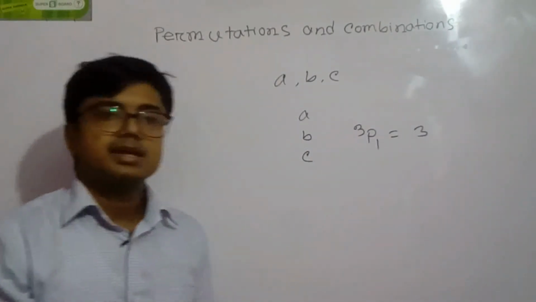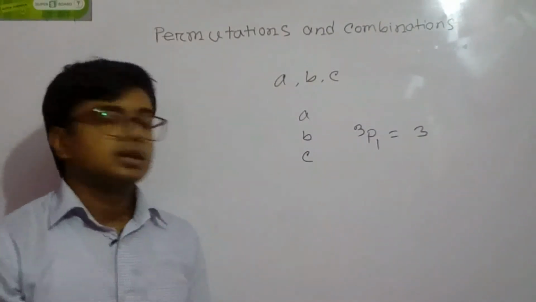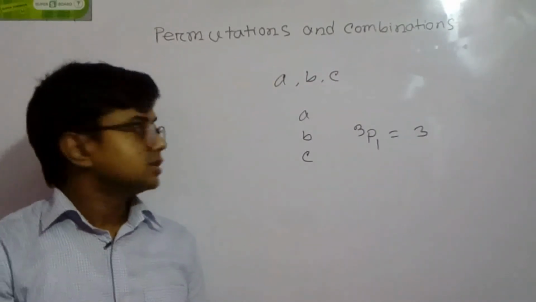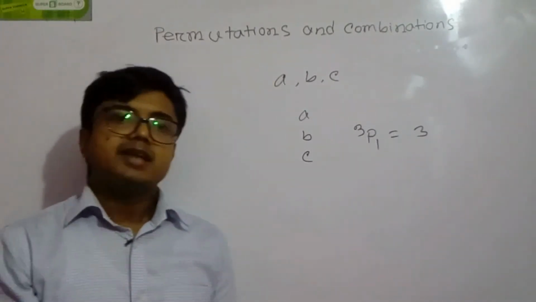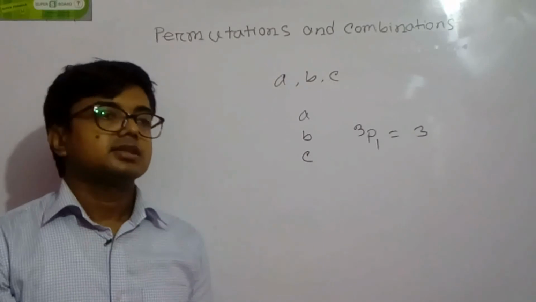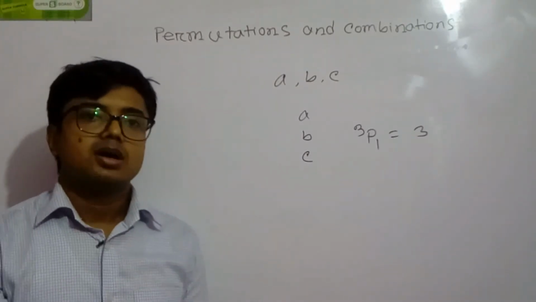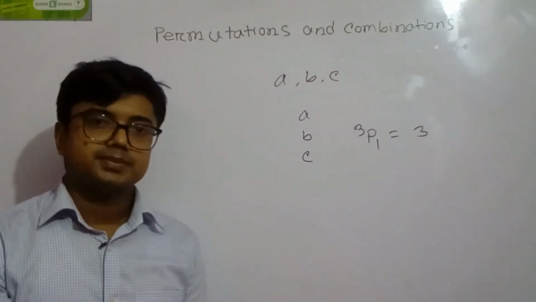Another thing here for permutation: arrangement and order is the mandatory part of permutation.